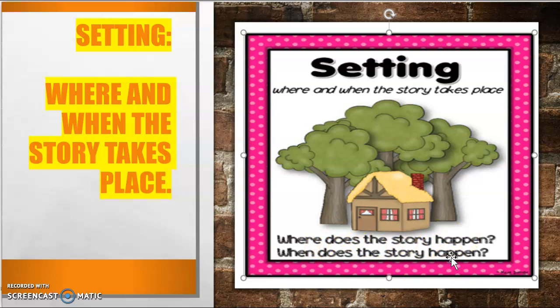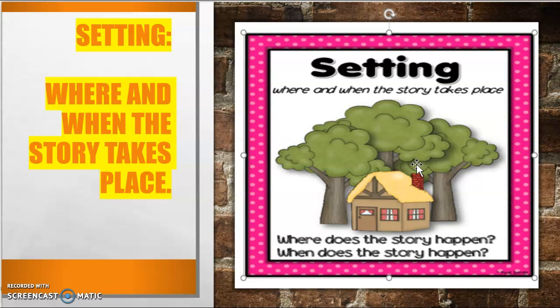For example, the story can happen at a house, in the woods. Another setting could be outside, on the beach, in the park. And there are so many other places where the setting can take place. When did it take place?